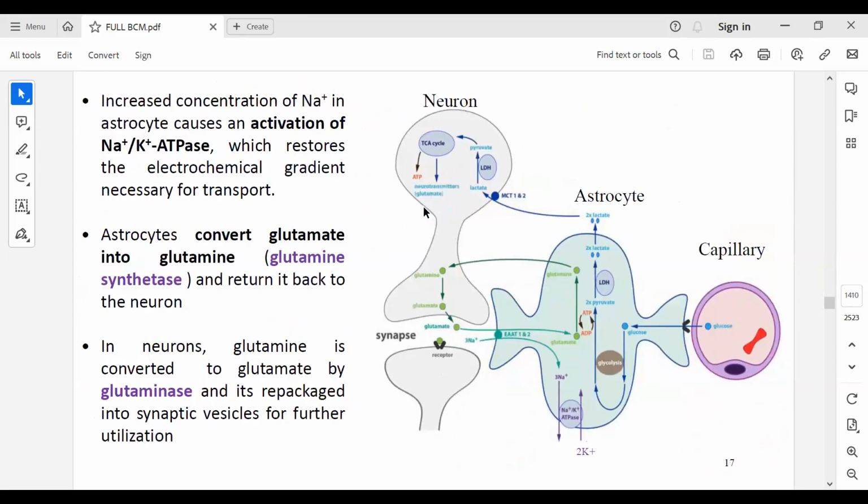That's why once glucose enters through the blood into the astrocytes, they carry out glycolysis, which gives us pyruvate and lactate, and lactate will enter into the neurons, be converted into pyruvate, and again carry out the TCA cycle.